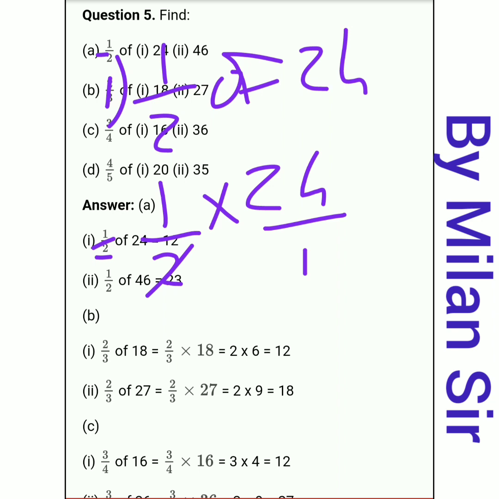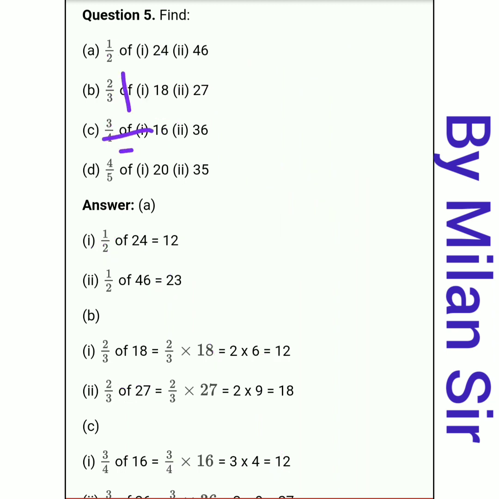Now we can cut it. 2 into 12 is equal to 24, so we can cut it. Then numerator with numerator, 12 ones are 12, and in the denominator nothing is present, that means 1, so we can write 12, because 12 divided by 1 is 12. So this is our answer, 12.